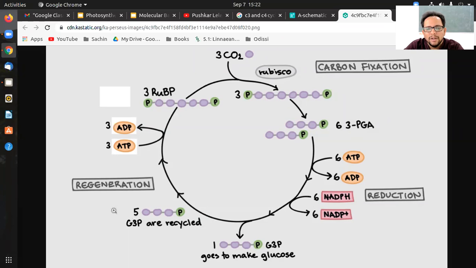From this, the phosphate from the third carbon is changed to the phosphate on the first. It will form RuBP, which is a ribulose sugar, and from there again one carbon molecule is added. So it goes on in a cyclic manner. One molecule will go in the formation of glucose, one molecule is recycled, again it enters, again one molecule goes for glucose formation. So this cycle goes.